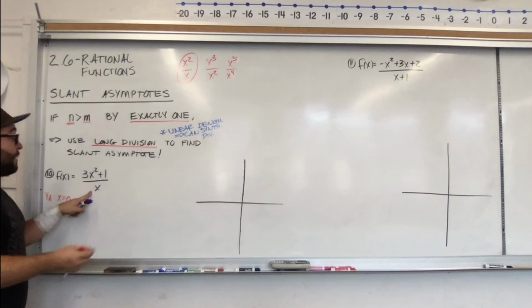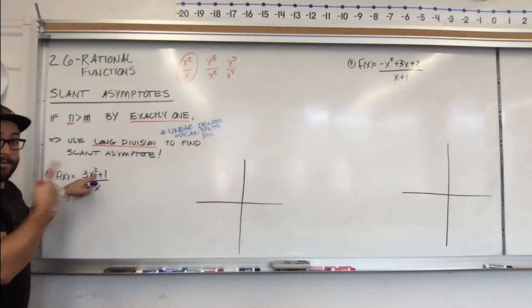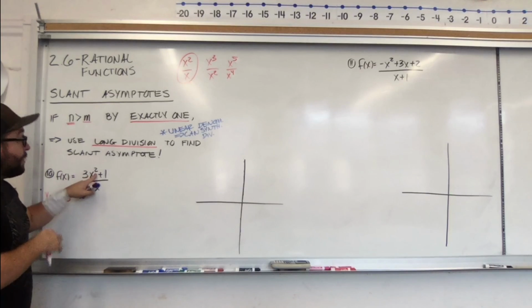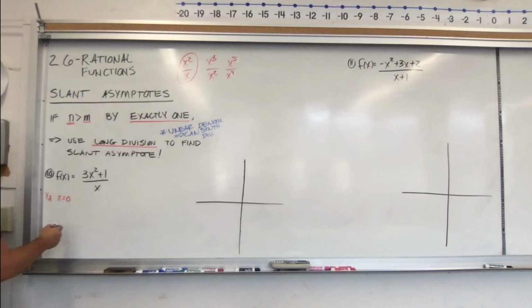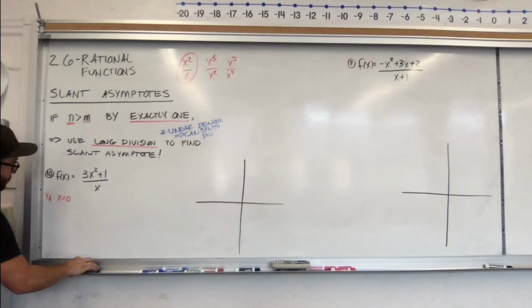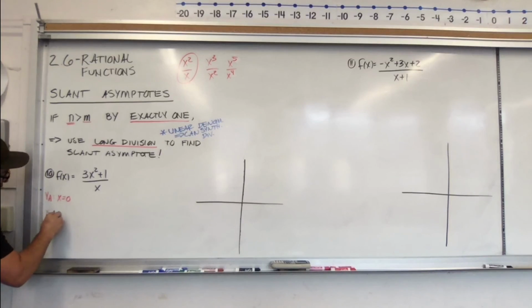It's not horizontal, and it's greater by exactly 1, degree 1, degree 2. So we're going to use, and in this case I'll use long division just so we can kind of see what it looks like. So ultimately, let me make note, for our slant asymptotes, that's horrible handwriting with that. Slant asymptote, we're going to do some long division.